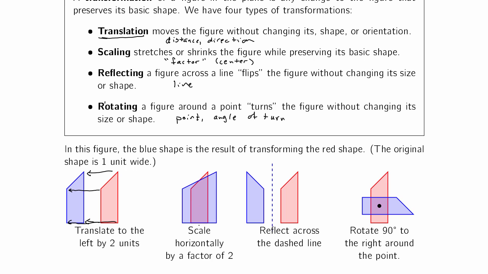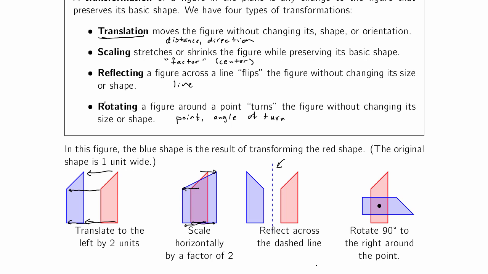Here, we've scaled the figure horizontally by a factor of 2. So, in fact, this was the center of our scaling. Every point got twice as far from the middle horizontally, while staying in the same place vertically, and the result is a figure that's twice as wide.